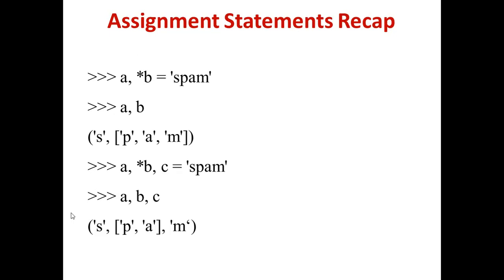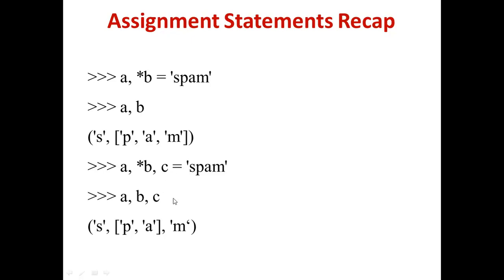And in the same way, they're making another different example. They're having a string as usual. If you print with A, star B, A is assigned to S, and remaining all will be assigned to B. And if you go with the three variables, first and last will be assigned, that means S and M will be assigned to A and C, and B will be holding that PA.